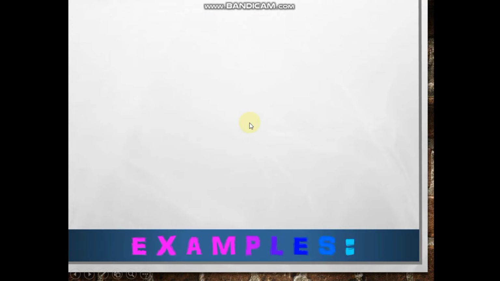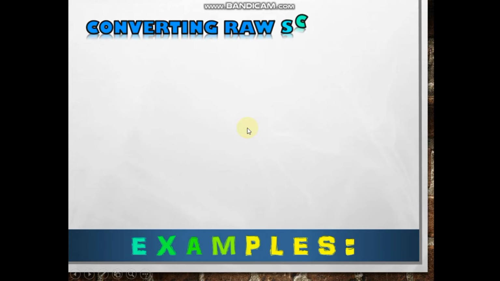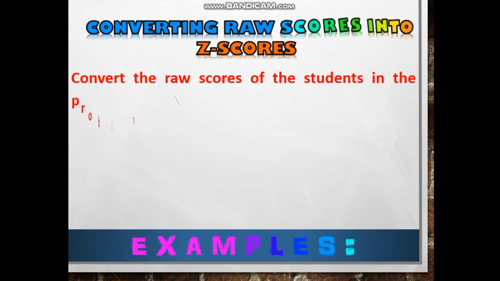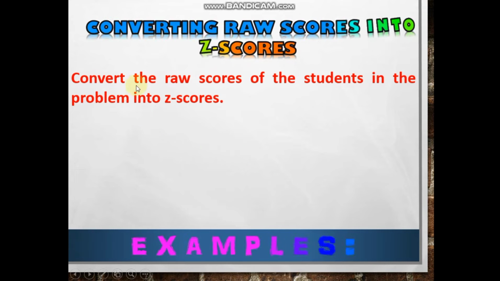Alright, how do we apply this formula? We have this one: converting raw scores into z-scores. How do we convert raw scores to z-scores? So let us have this example. Convert the raw scores of the students in the problem into z-scores.